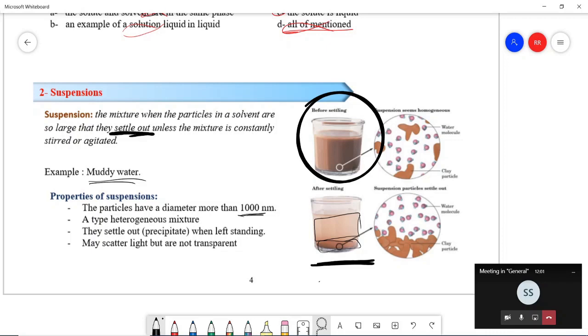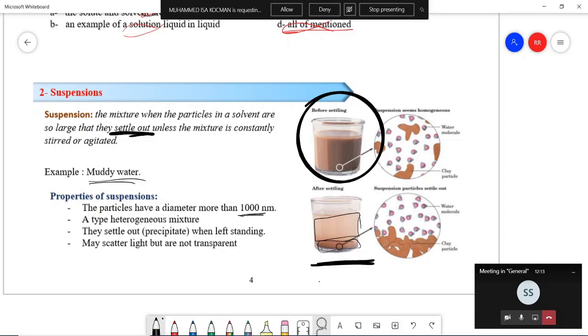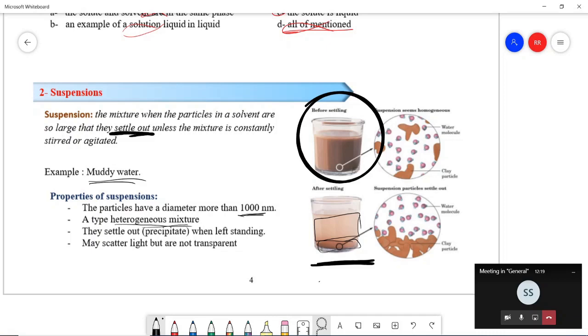So they are very large. Since the particles are very large, there is no uniform composition in these mixtures. They are not uniform, so they are heterogeneous mixtures.